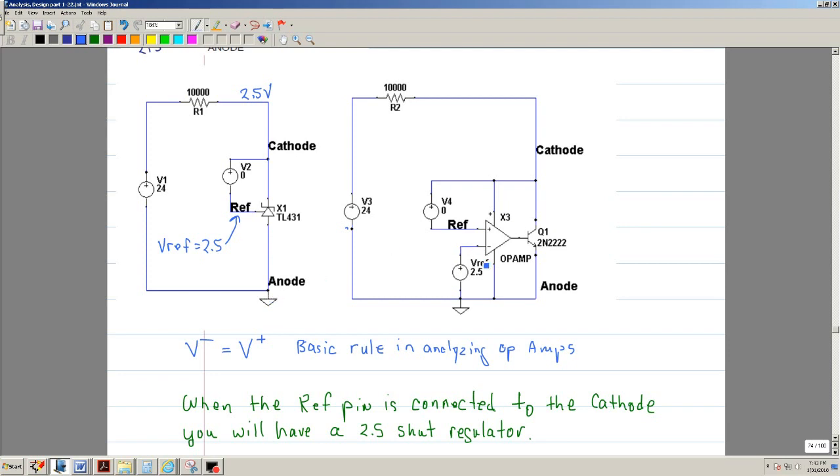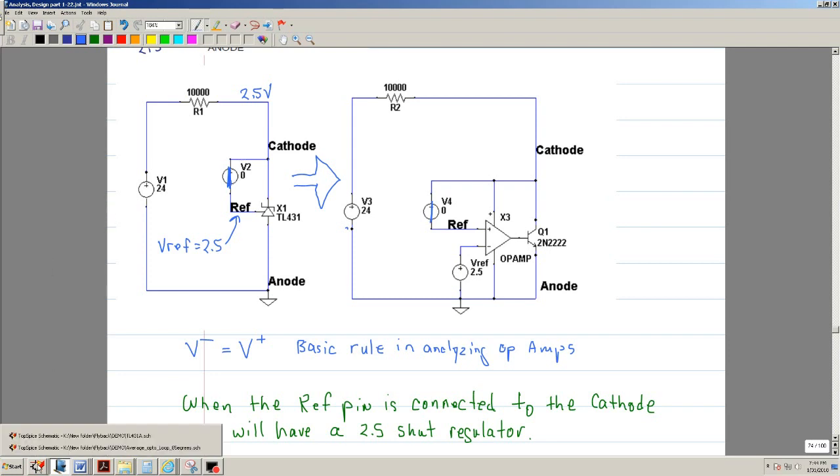Then what I did is I made a representation of this TL431 using a reference, an opamp, and bipolar transistors. I left the diode out, and disregard these. These are to measure current, so just think of them as short circuits.